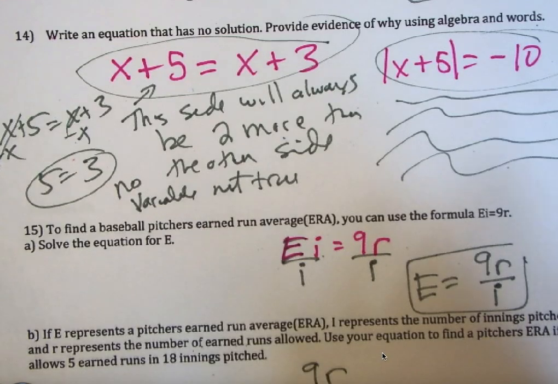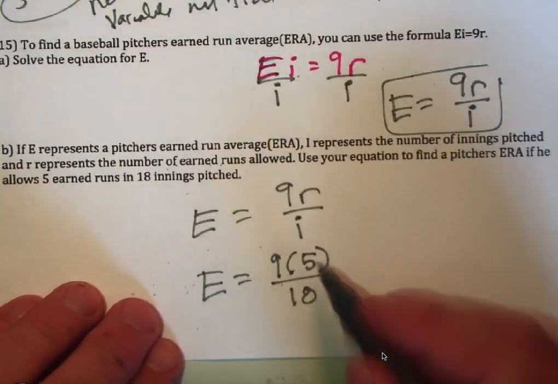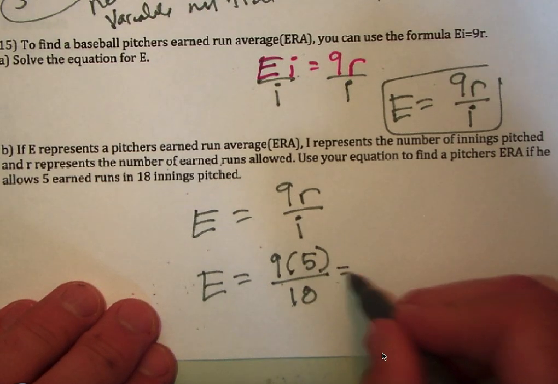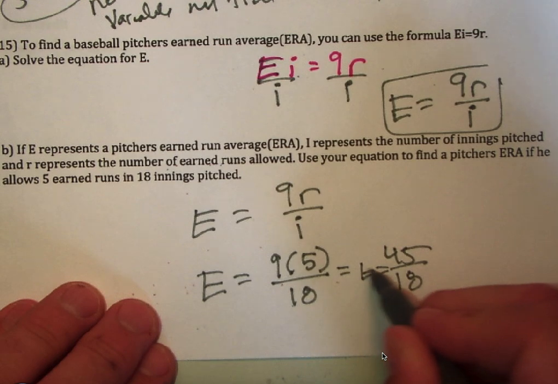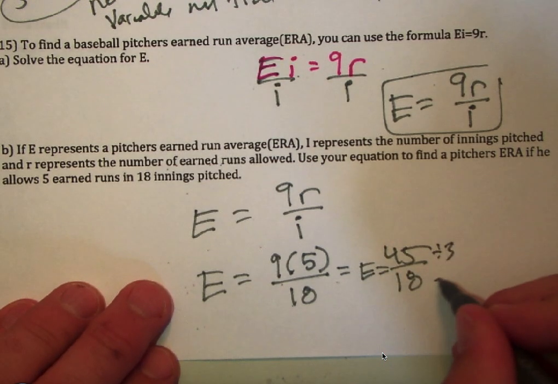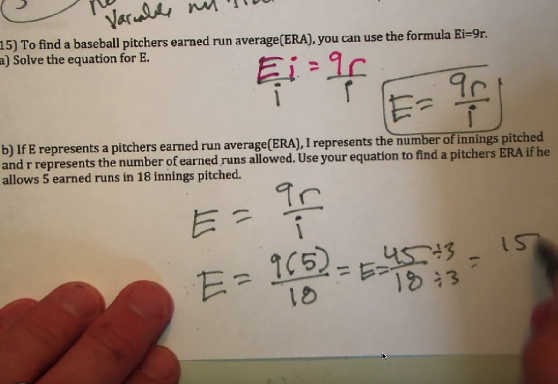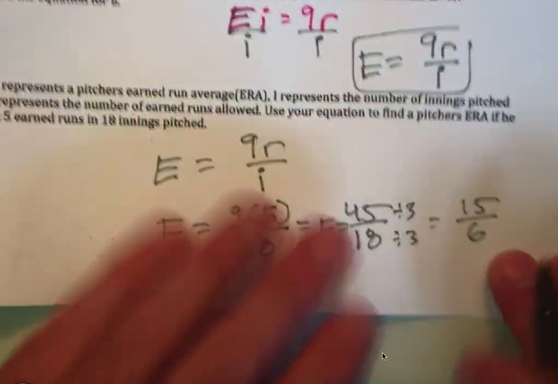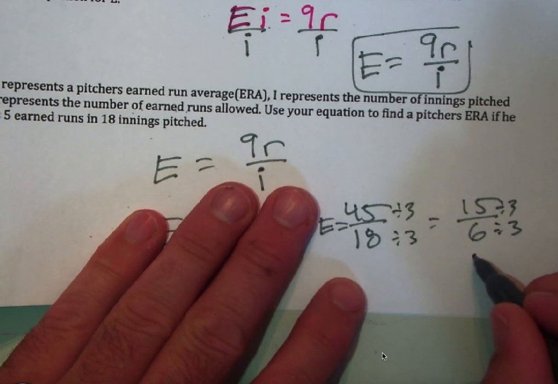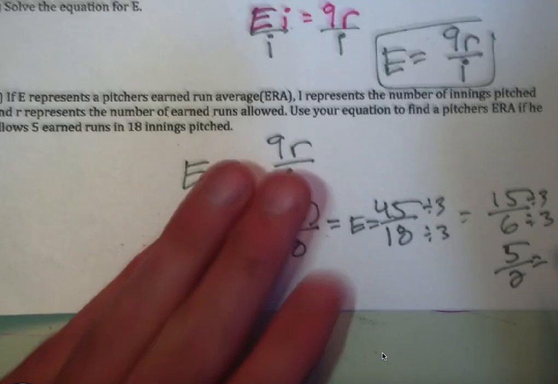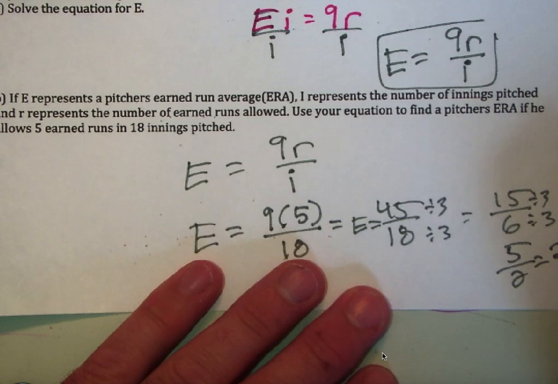So we plug in the runs and we plug in the innings. We get 45 over 18. I think this is divisible by 3, which makes it a little bit easier. 15 over 6. We can do it again. 3 and 3, so 5 over 2. Okay, 2.5 is the ERA.